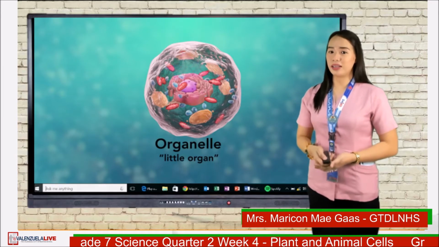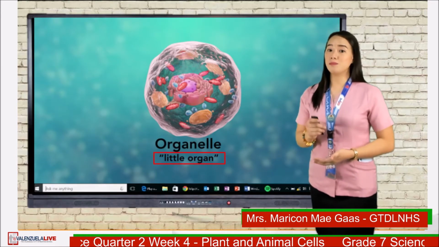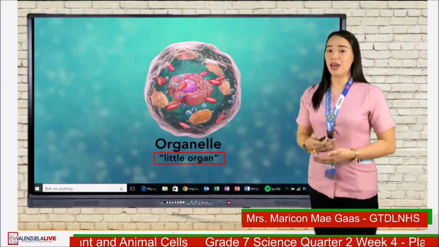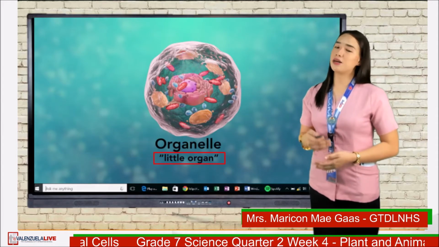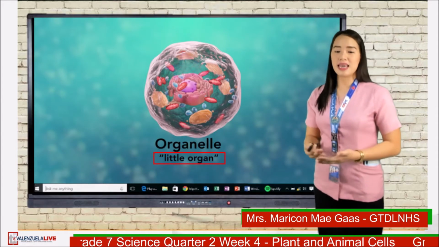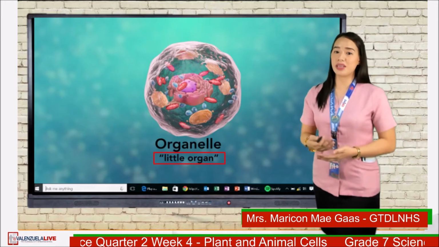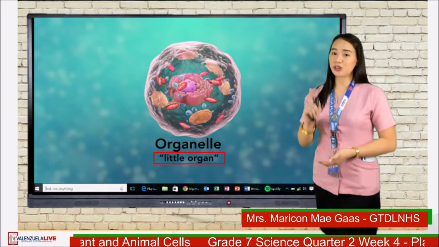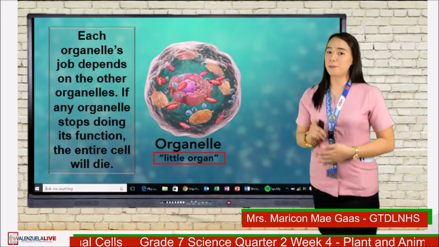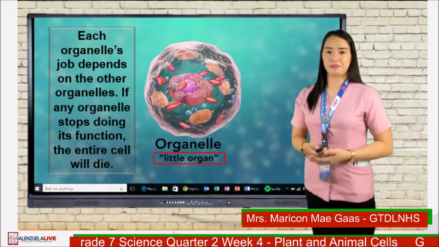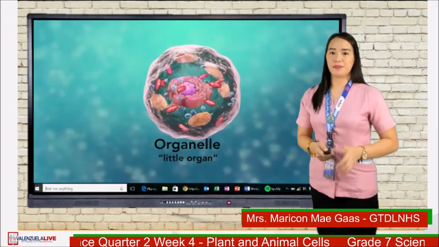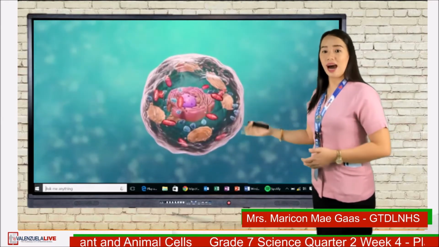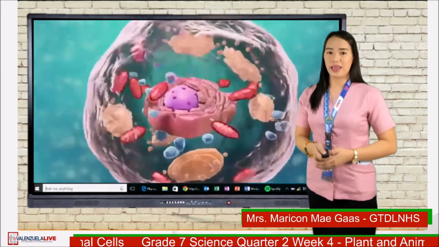The word organelle means small organ or little organ, and organelles do everything from protecting the cell, repairing, healing, assisting in growth, or getting rid of waste products, all the way to reproduction. Each organelle's job also depends on the other organelles. If any organelle stops doing its function, the entire cell will die.